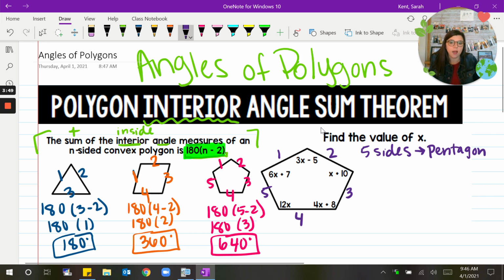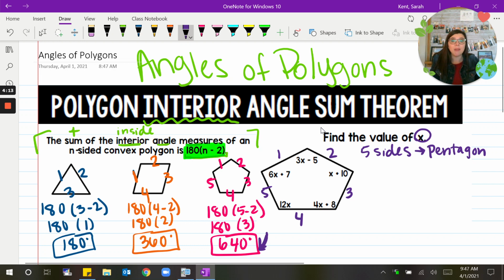So we have all these different angles, and we want to find the value of x. So what we could do is add up all of these angles and set it equal to, we just found that the total is 540. So I can use 540 to add all these up and find x.